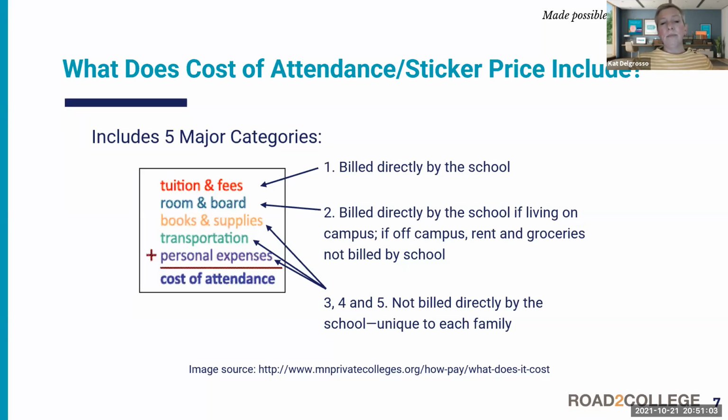So you've got to buy books and supplies. You've got transportation, meaning you've got to get to school and back. And personal expenses would be things like buying toothpaste throughout the year, which are unique to the student, of course, but they have to come up with some kind of average in order to get started with this. It's kind of like the big umbrella over top of the whole thing.